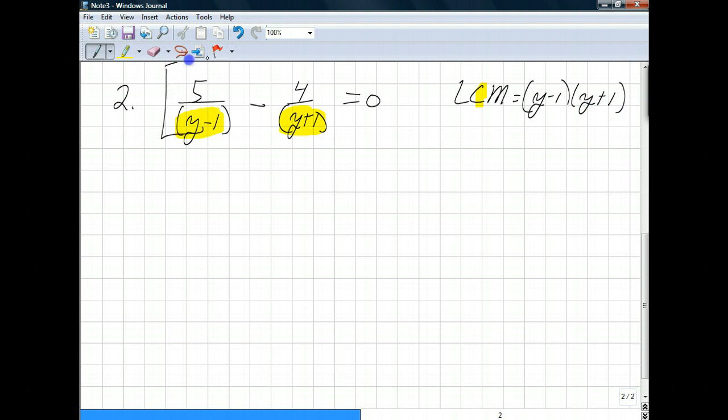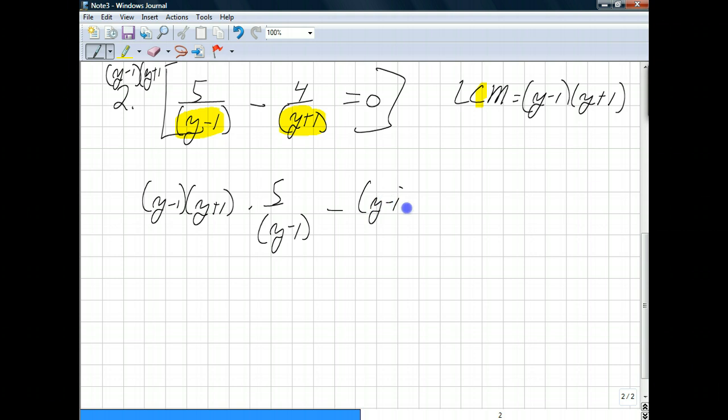So we multiply the whole equation by y minus 1, y plus 1. So distribute, we get y minus 1, y plus 1 times 5 over y minus 1 minus y minus 1 times y plus 1 times 4 over y plus 1 equals y minus 1, y plus 1 times 0.